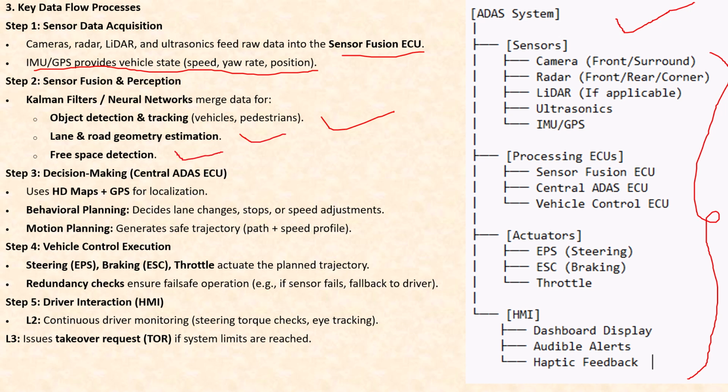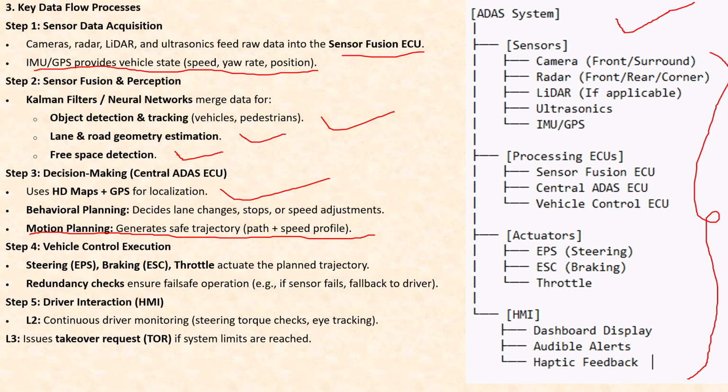Now when it comes to decision making, the central ADAS ECU uses HD maps and GPS for localization. It also includes the behavior planning, decides lane changes, stops and speed adjustment, and also this is important. When it comes to decision making, motion planning is the most important thing, because this is the one which generates the actual trajectory or the path of travel of the vehicle.